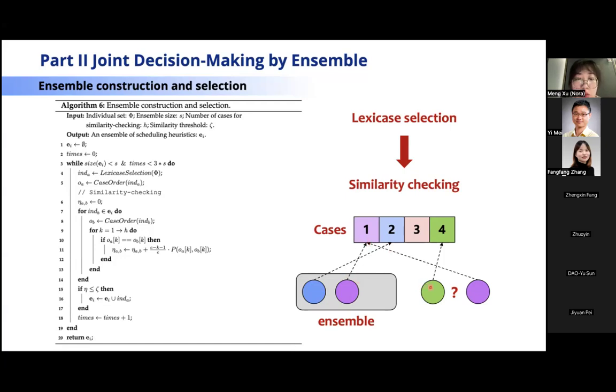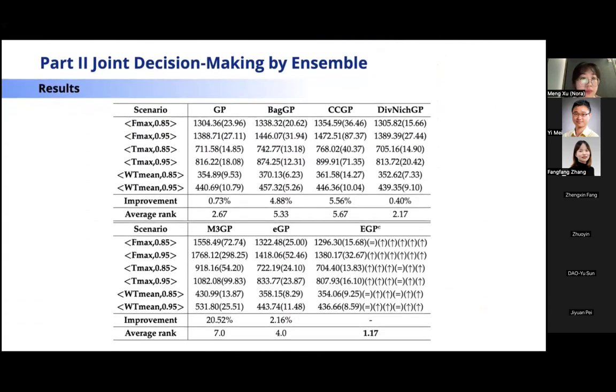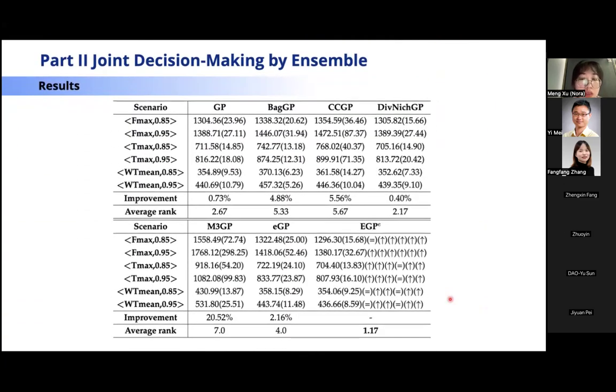Then if we have two other candidates, like this purple one and this green one, because we already have an expert like the purple one to solve case 1, in this case we will finally select the green one to add into the ensemble. And our results also show that our proposed methods perform significantly better than classical genetic programming and the state-of-the-art ensemble learning methods.